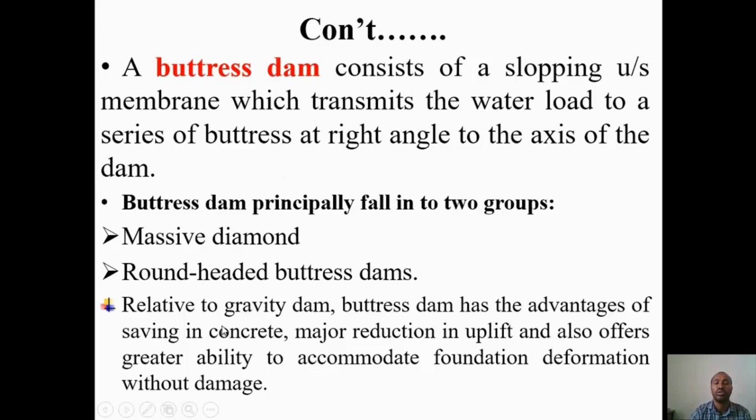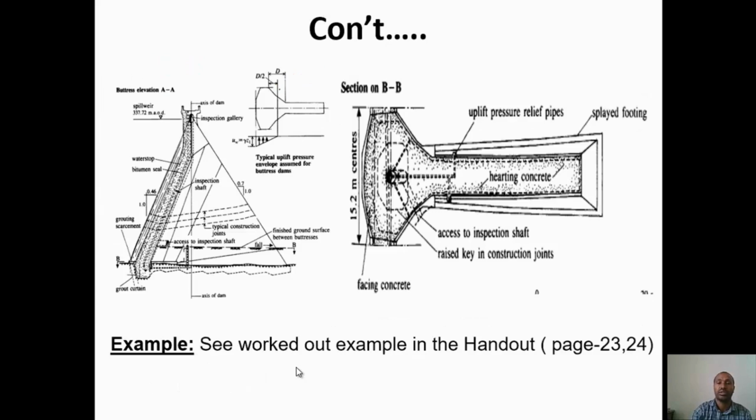So there is saving of concrete and also a major reduction in uplift pressure, and it also offers greater ability to accommodate foundation deformation without any damage. These are the advantages of a buttress dam compared to a gravity dam. So let us see the types.